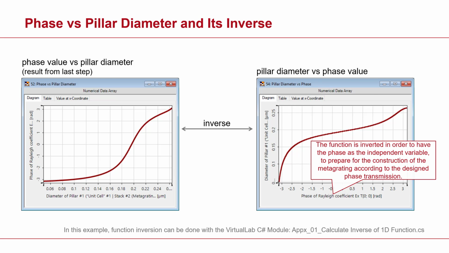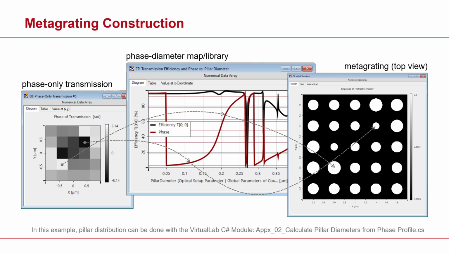And then we construct the period of our metagrating using the phase information that the IFTA delivered and mapping that to the different values of the pillar diameters using the curve that we generated previously.